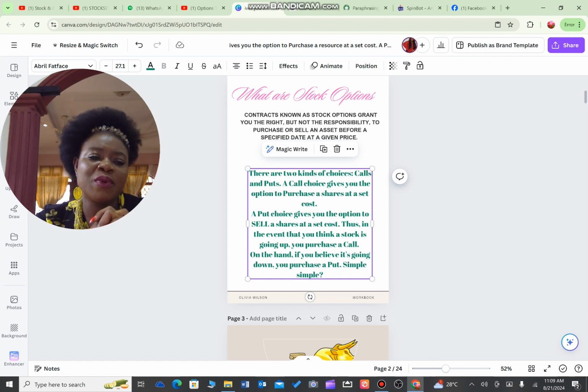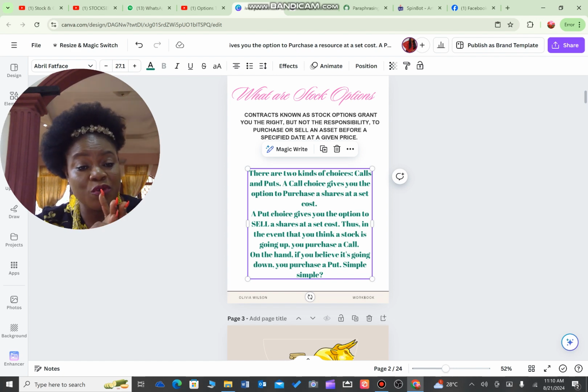So when we talk about stock options, we always have a price and a time. The price is usually called the contract premium, and the time is the period within which you must buy or sell that option.